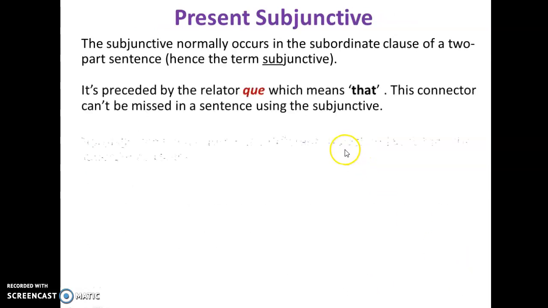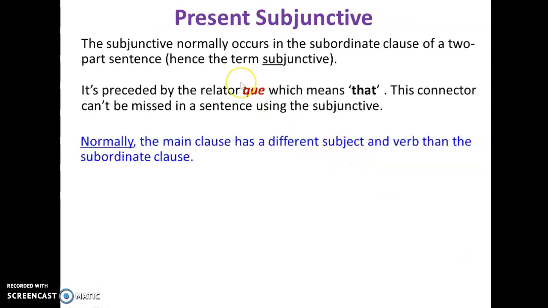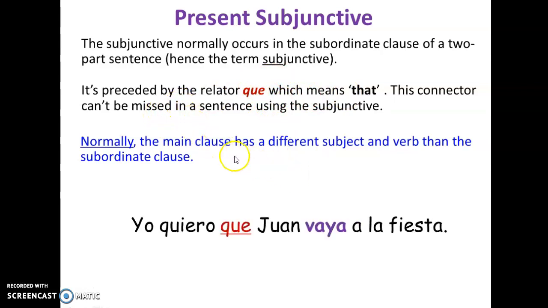Like I already mentioned, we're going to need the connector in this case. We need a connector, que, every single time, it cannot be missed. When we use the subjunctive, we're going to have two clauses. Normally, the main clause has a different subject and verb than the subordinate clause.